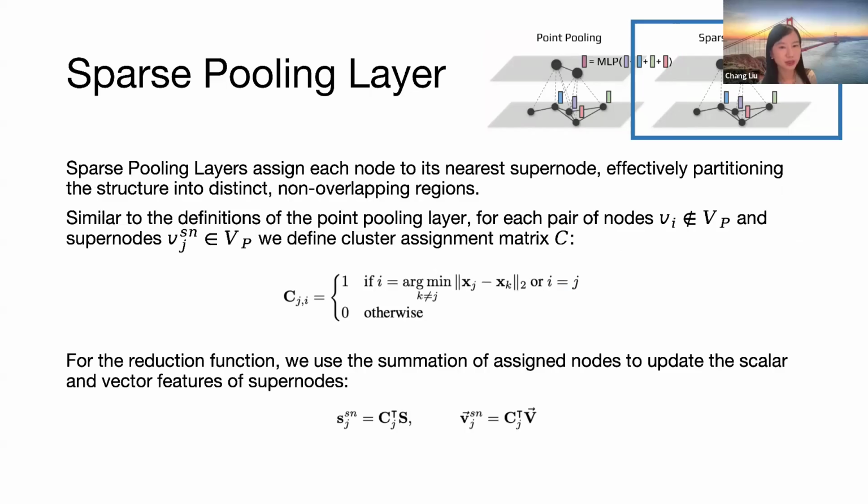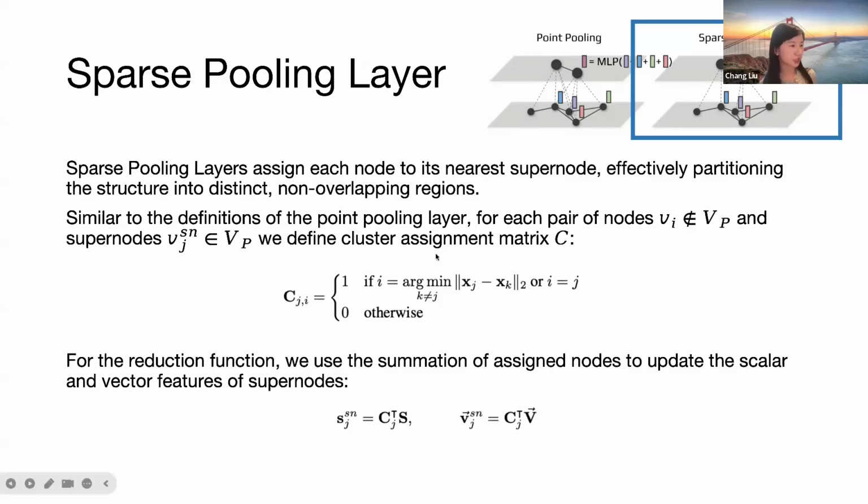The sparse pooling layer is similar to the point pooling layer, but what's different is it partitions the structure into distinct, non-overlapping regions, which means for sparse pooling layers, we only assign each node to one supernode. So it reduces the overlapping of the subsets we mentioned before in the point pooling layer.